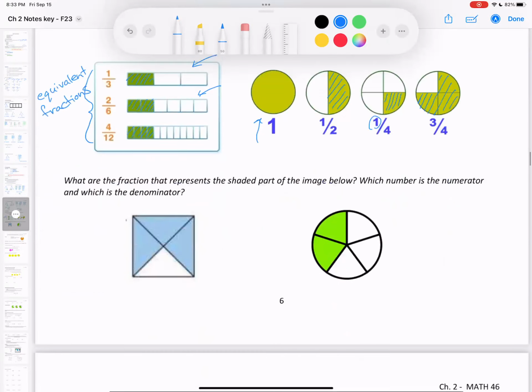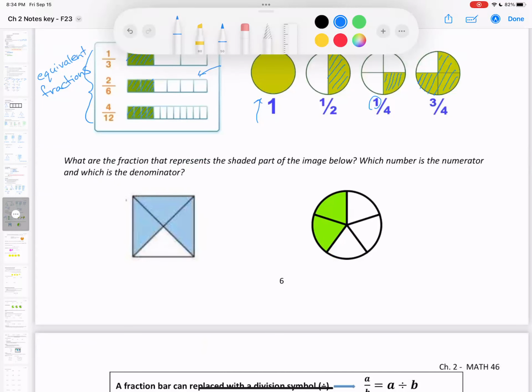All right. So sometimes you'll be asked a question like this where it asks, what is the fraction that represents the shaded part of this picture? So in this first case here, we've got this square. The square has been divided into 1, 2, 3, 4 equal pieces. And we have here, maybe I'll just shade 1, 2, 3 of those pieces.